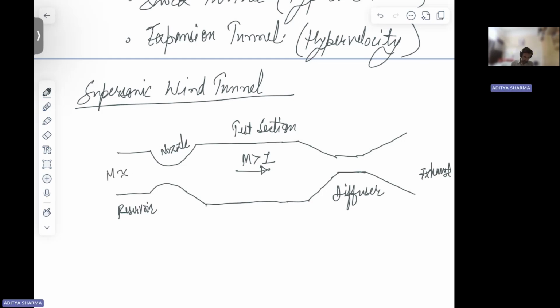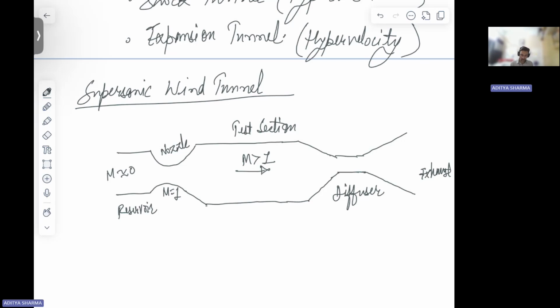At the reservoir, stagnant conditions are there. At the nozzle, your Mach is roughly equal to 1 at the throat. Then at the test section, your Mach is greater than 1.